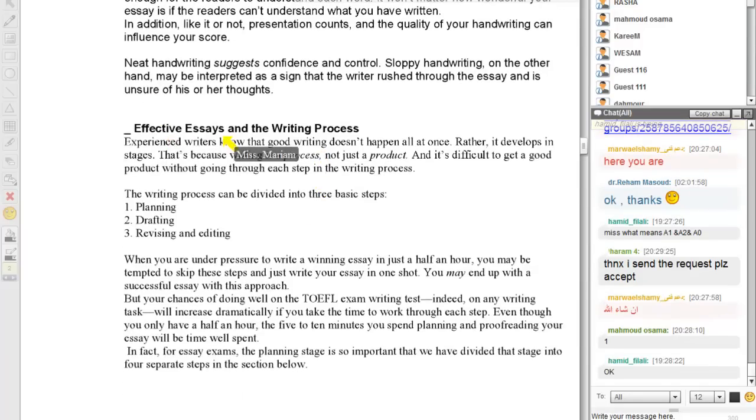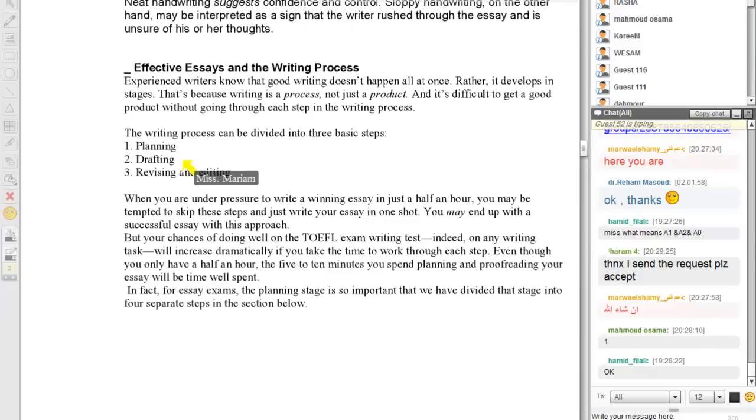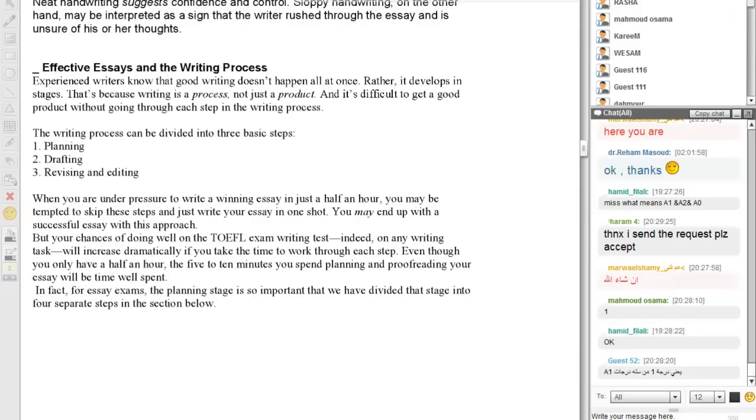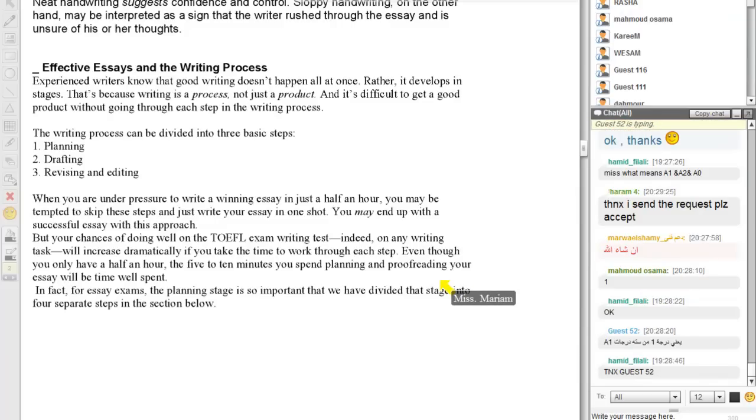Okay. About the effective essay and writing process, we have to plan, make a draft, and then revise and edit. These are the three steps. Again, the highest score is 6 and the lowest is 0.